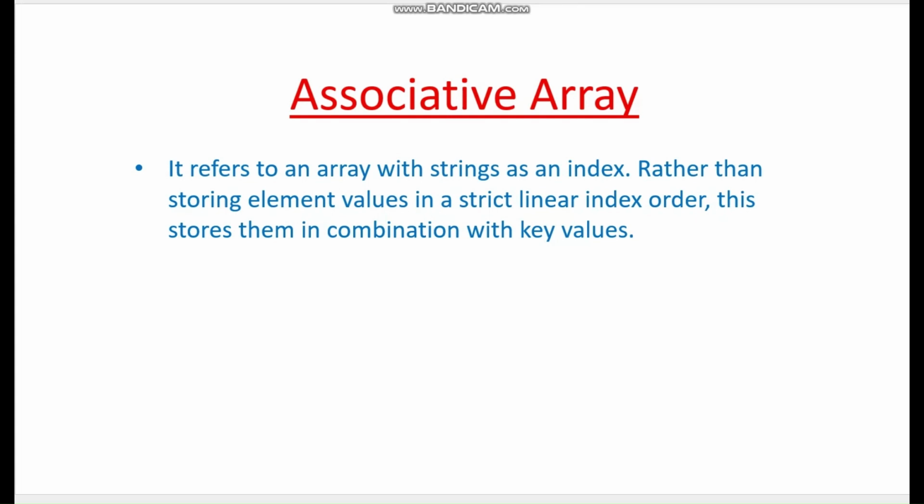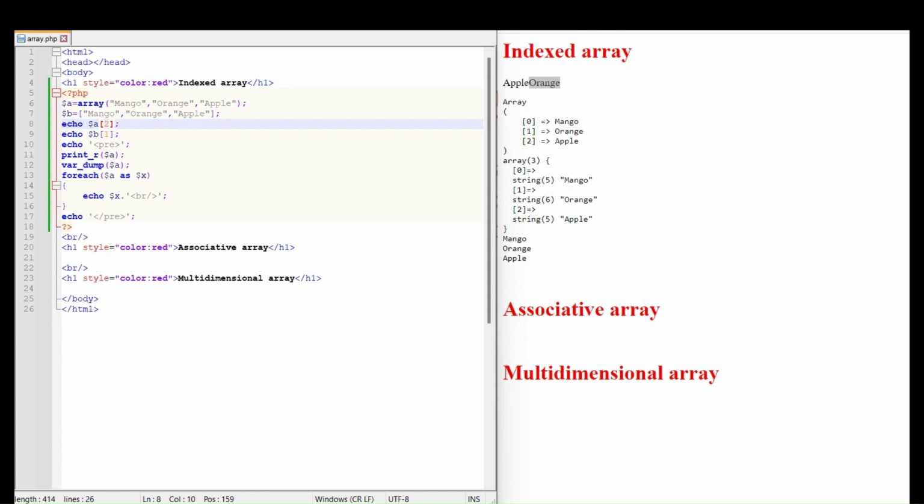Here we can give the example of an associative array, but first know that an associative array is defined as a key value pair. Here we will see how to write an associative array.